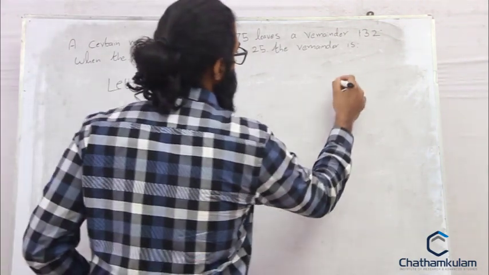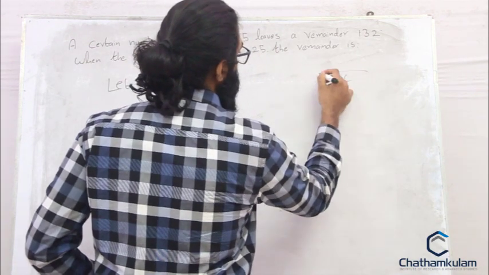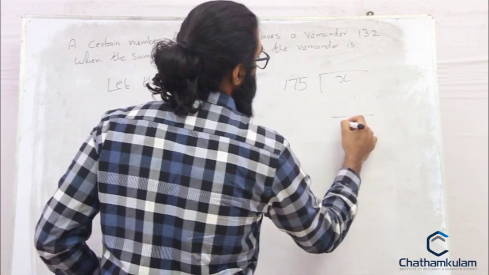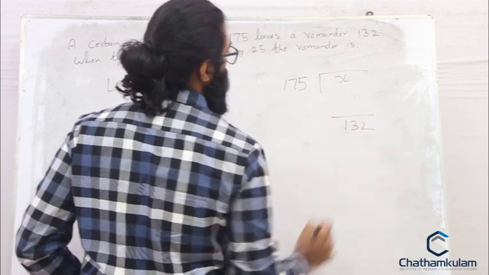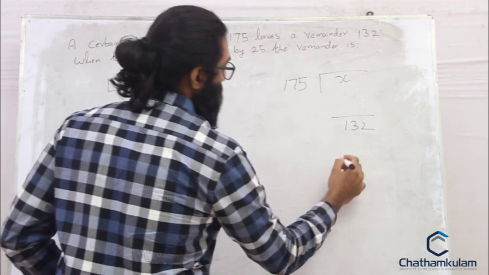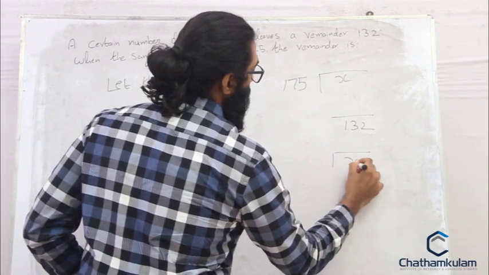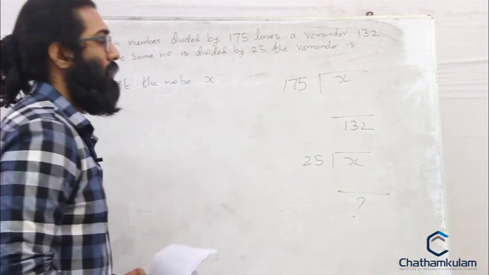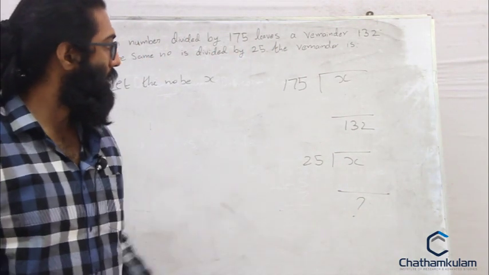In the question it's given that when x is divided by 175, it leaves a remainder of 132. What we need is, when the same number x is divided by 25, what would be the remainder? Right, this is the question.